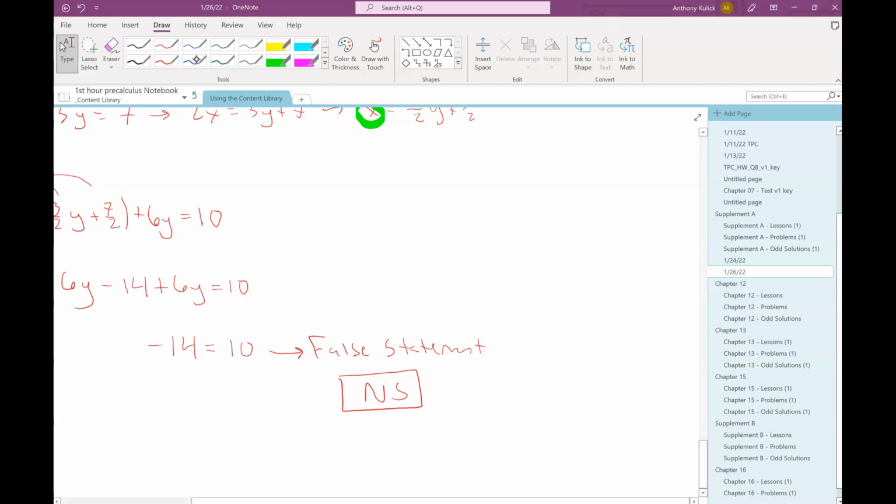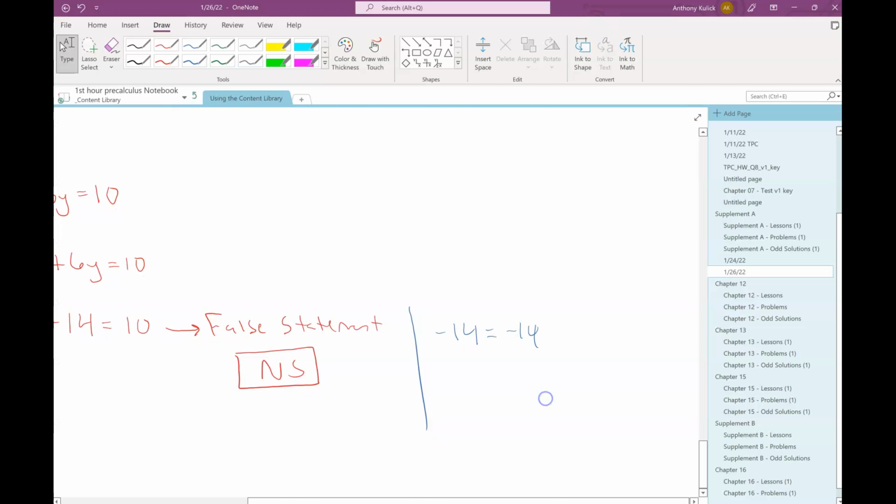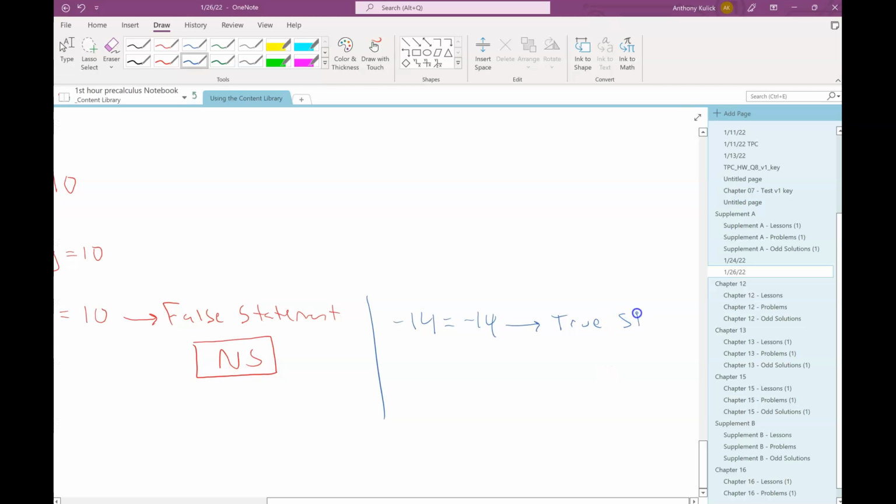What does an infinitely many solution situation look like? It's just if I have a true statement. So if I got like 14 equals 14, or negative 14 equals negative 14, that would be what my infinitely many solution situation looks like. So again, all the variables just cancel out when I do my substitution, and I'm left with something that's true. 5 equals 5, or negative 14 equals negative 14, or 8 equals 8, or 0 equals 0, or whatever.